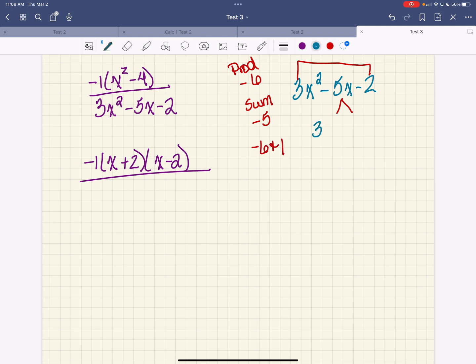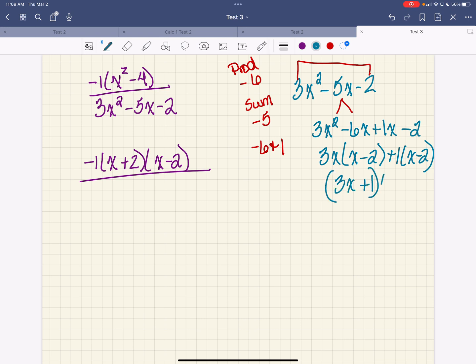So now I've got 3x squared minus 6x plus 1x minus 2. Okay, 3x comes out of both of these, so I'm left with x minus 2, and 1 comes out of the others. Okay, so I have 3x plus 1 and x minus 2. Okay, so our x minus 2 cancels.